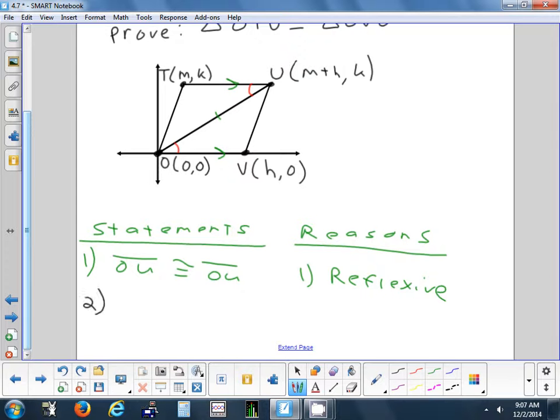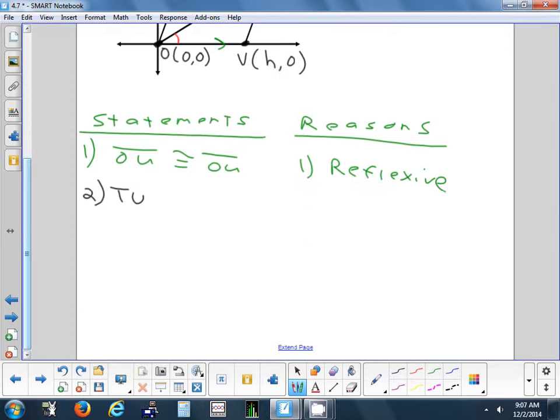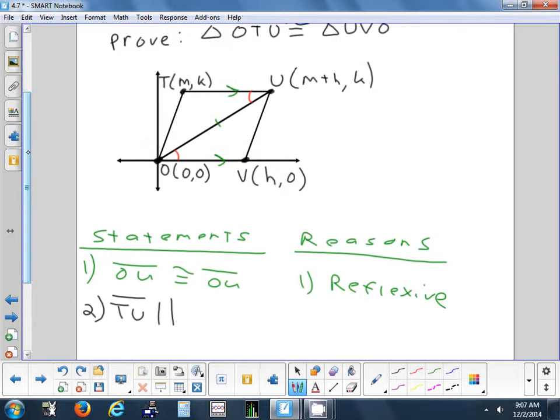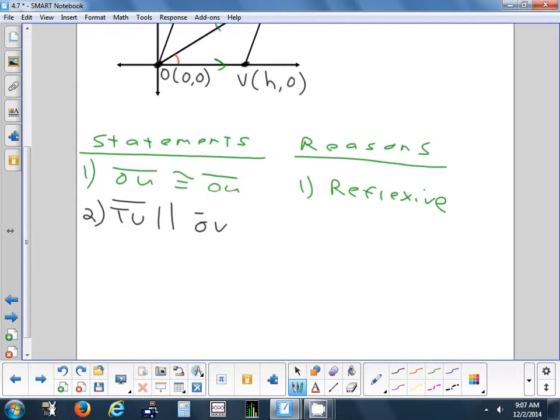For step 2, you could say TU is parallel to OV. The reason: they have the same slope. Two lines with the same slope.